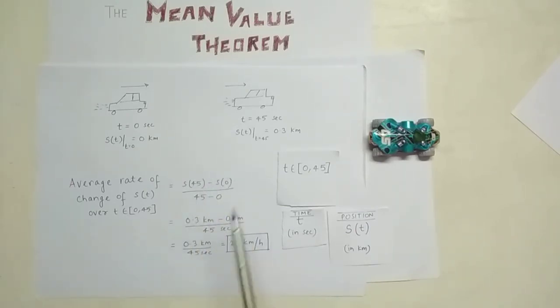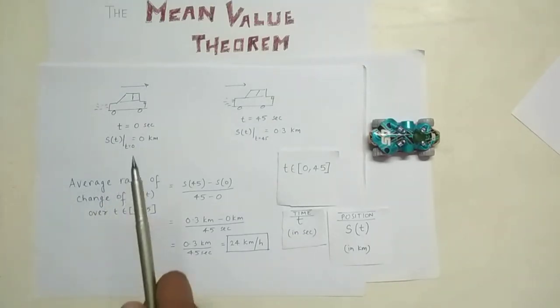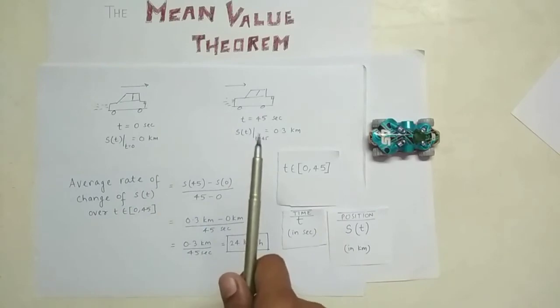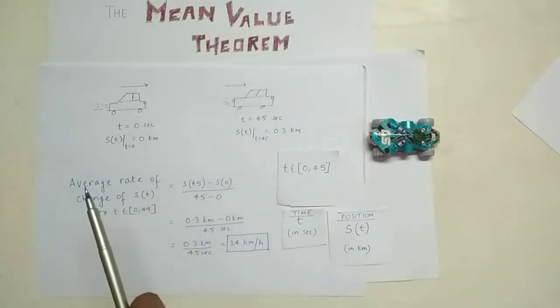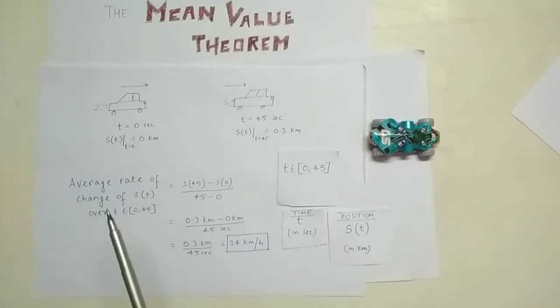Plugging in the values and using appropriate unit conversions, we see that this comes out to be 24 kilometers per hour. We can interpret the average rate of change of position as average velocity over this interval, and further, because the car was traveling on a straight road, we can call the average velocity the average speed.